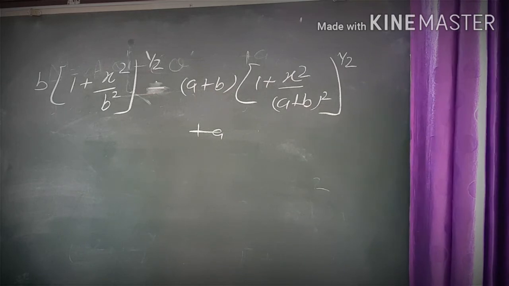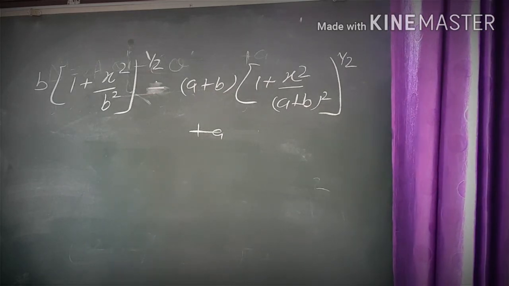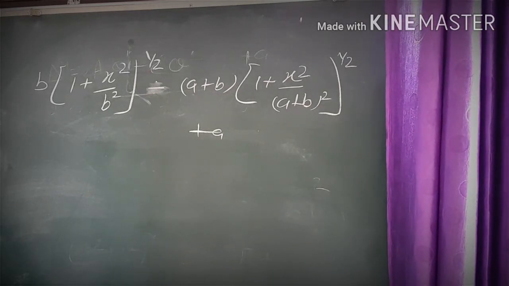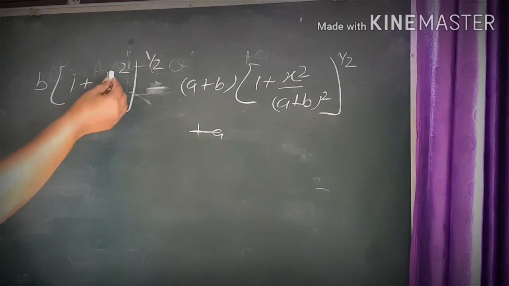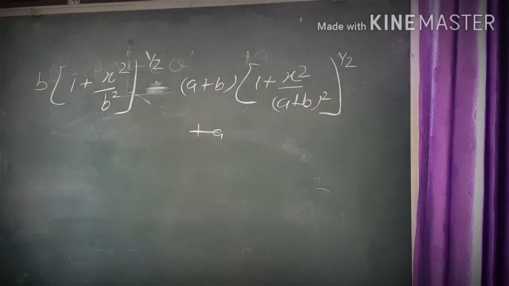By solving again, we have x is very small as compared to b and a plus b. So this ratio x square by b square is less than 1. So we can expand this expression binomially.